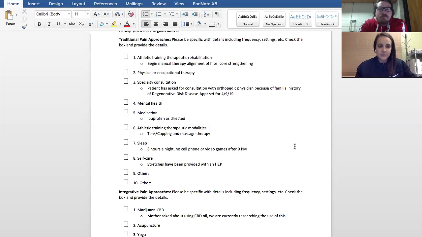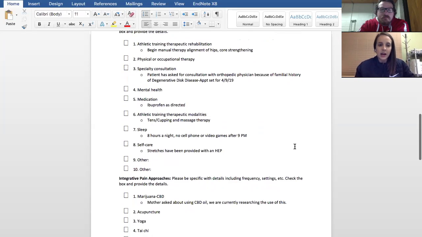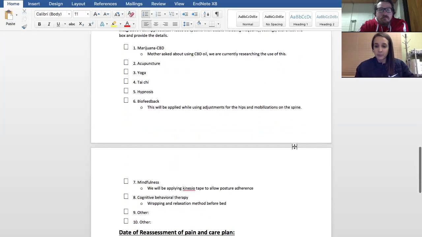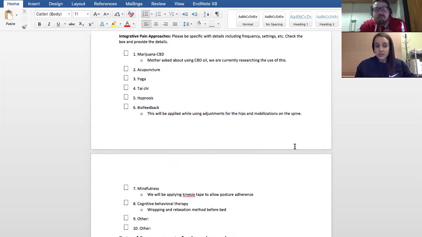Nice. I think that looks really good. Definitely look into the CBD and see what that protocol could look like, as we've seen in the articles.